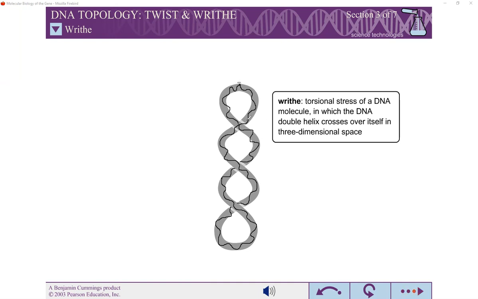This is the DNA molecule that is present. Now I am making another strand of this DNA molecule with another color. Okay, this is the other strand of the DNA molecule.